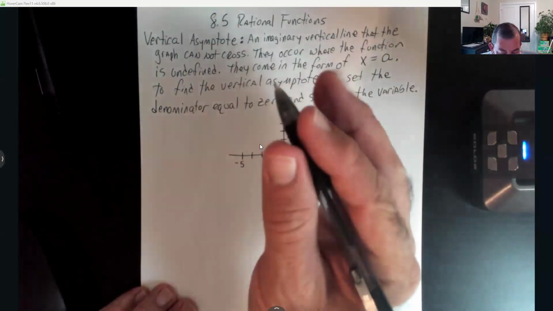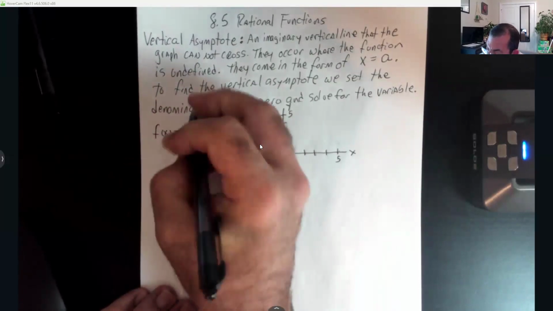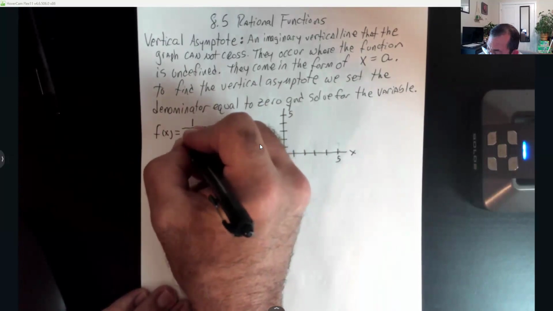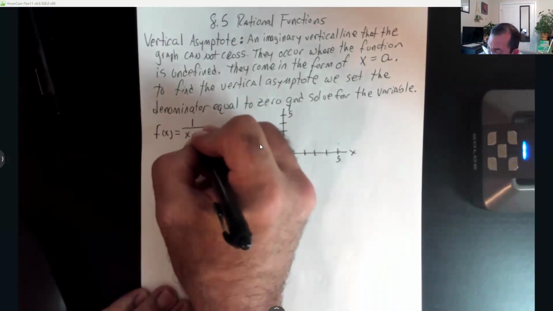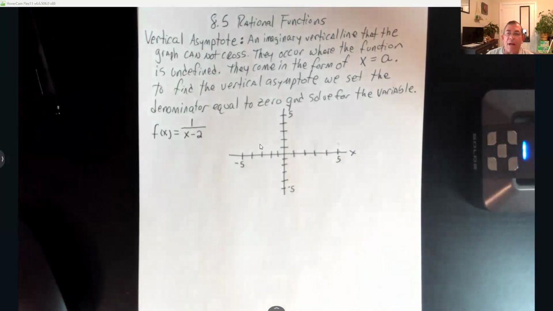All right, so say I'm graphing something like my function is f of x equals 1 over x minus 2. Okay, so just say I'm going to graph this function, 1 over x minus 2.